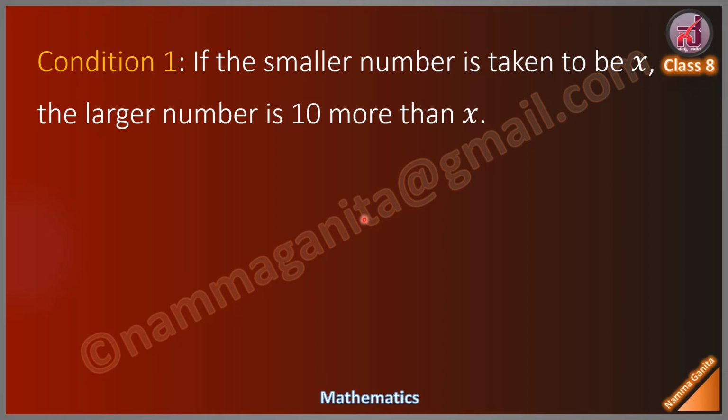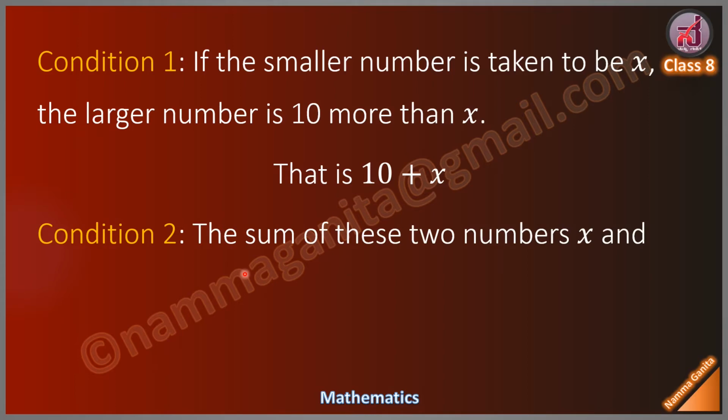If the smaller number is taken to be x, the larger number is 10 more than x, that is x plus 10. The other condition says that the sum of these two numbers, x and x plus 10, is 74.